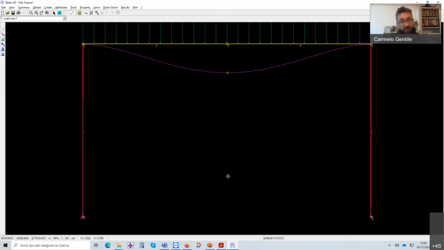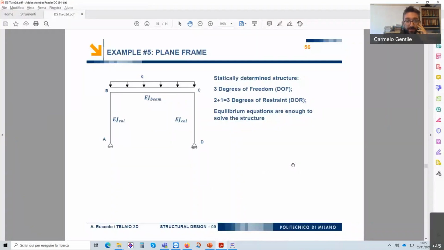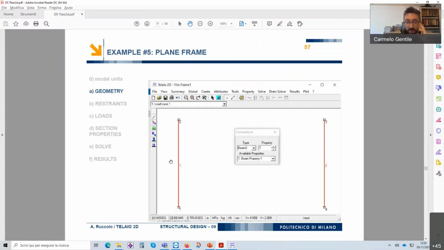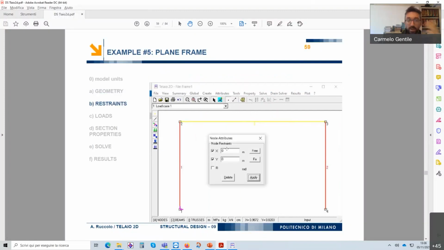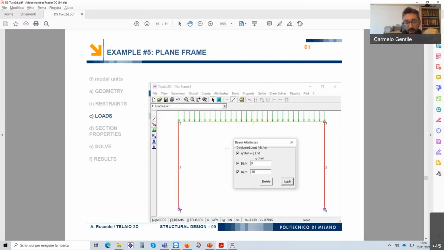Okay. So let's go back to the presentation. So again, how to create the geometry. With different geometries, we have to change the number of properties of the element. We have to do it this way. Here the load I had assumed was -10.